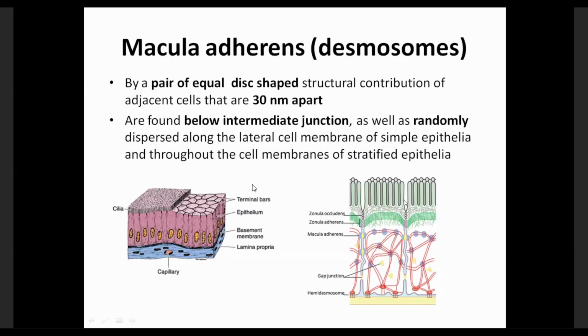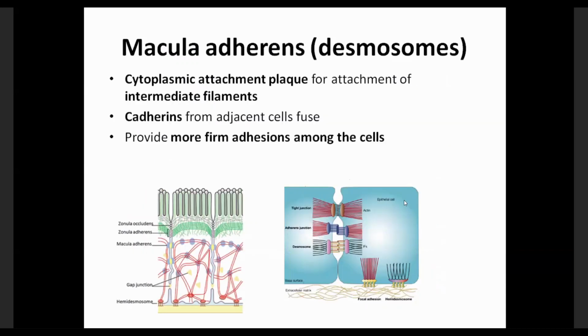If I ask you which ones are stronger, there is no doubt you have to answer macula should be strong, because they are linking the strongest cytoskeleton of the cell. You know from the last module, intermediate filaments are the strongest. So they are linking the strongest cytoskeleton of the cell together, whereas the previous two are linking the weakest cytoskeleton of the cells. That's what desmosomes are.